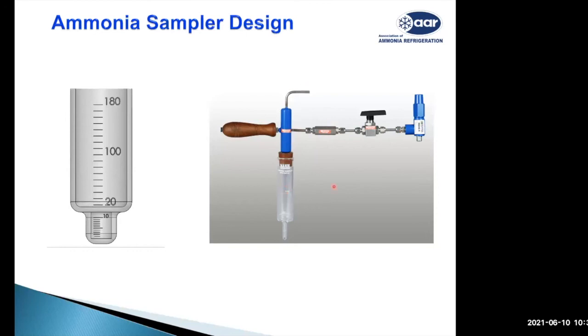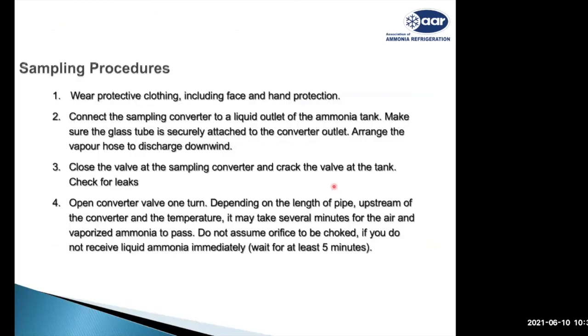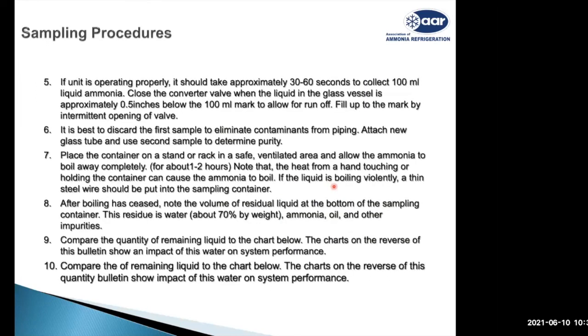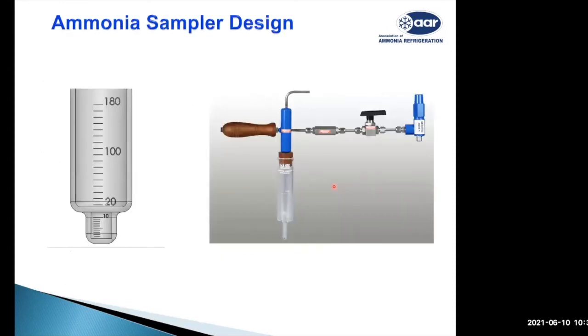You may have to wait 5 to 10 minutes, maybe 15 minutes, to get a known quantity of the sample. It's possible that initially a lot of oil or sludge will come into the ammonia. You take a measured quantity into this sampler, say a 100 ml sample.